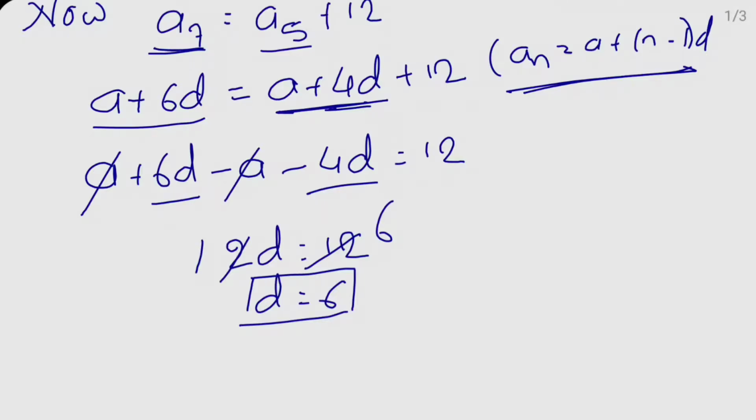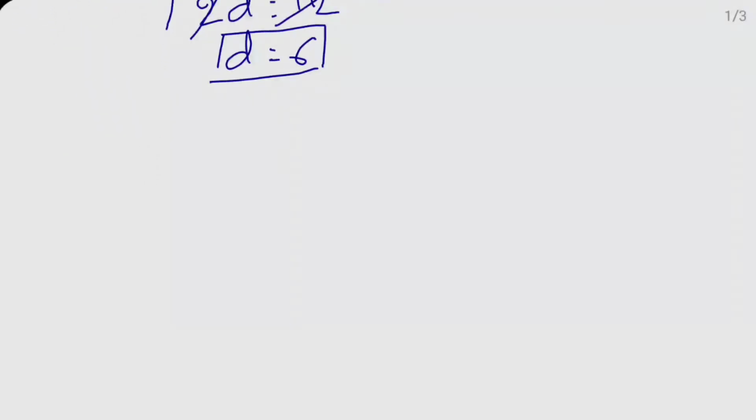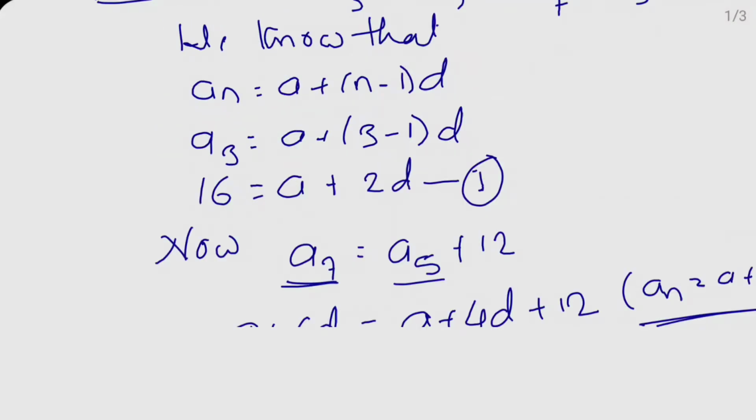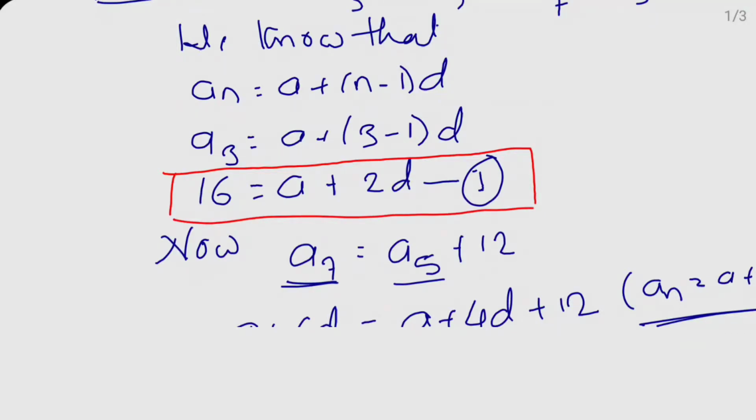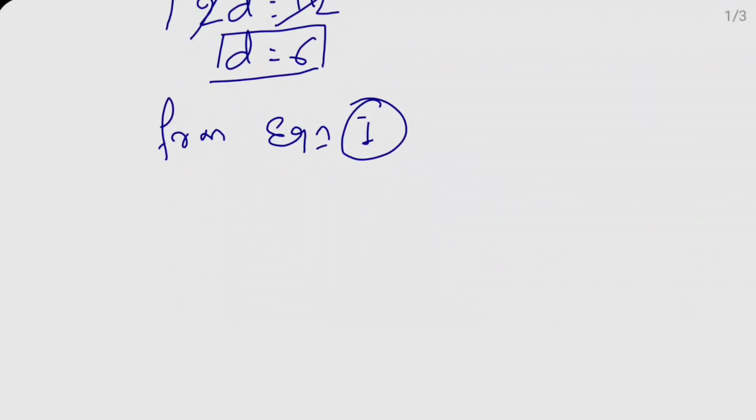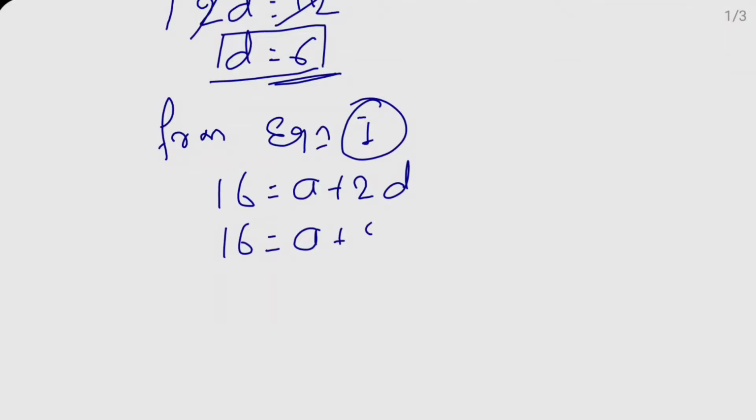So now from equation 1, what is our equation 1? See here, equation 1: 16 equals a plus 2d. Here we have the d value, substitute: 16 equals a plus 2 into 6.